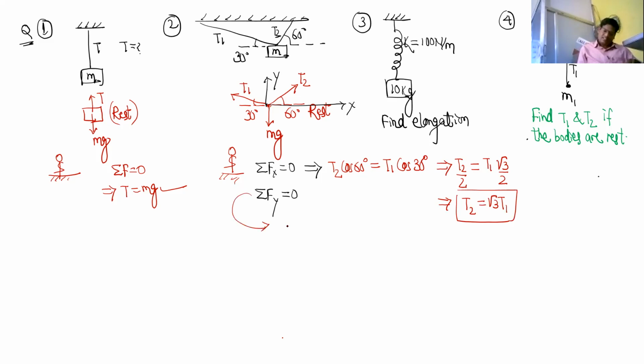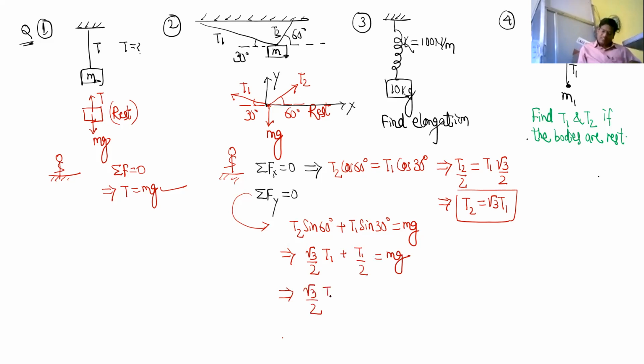From that, upward force is T2 sine 60 and T1 sine 30. Downward force is mg. So sine 60, that is root 3 by 2 T2, plus sine 30, that is half T1, equal to mg.